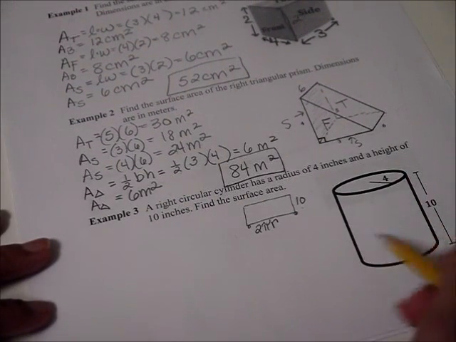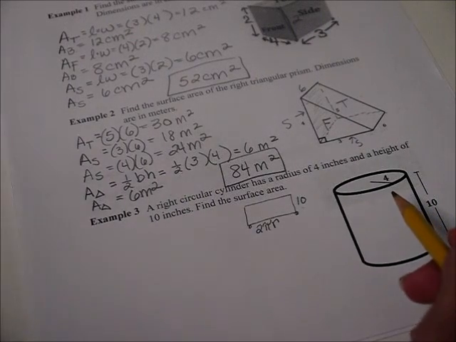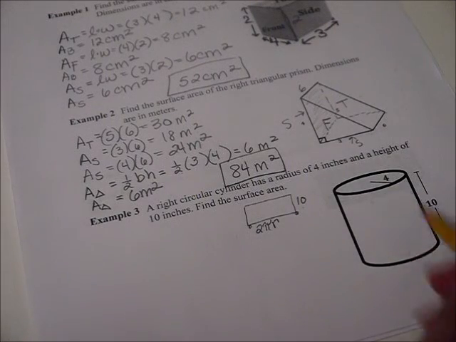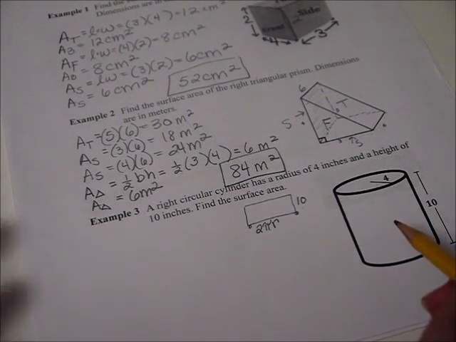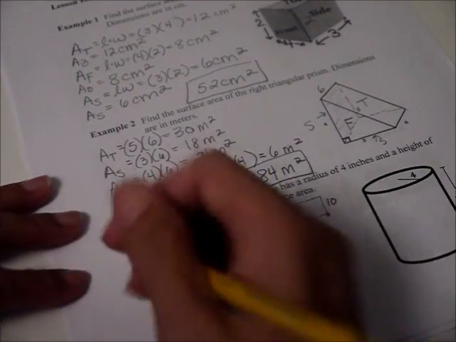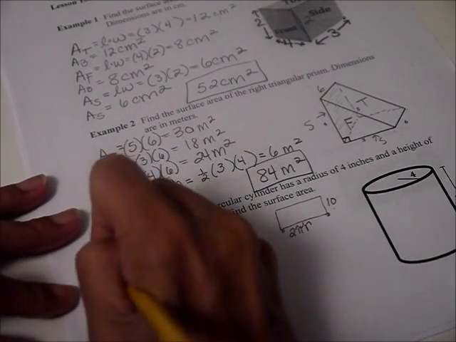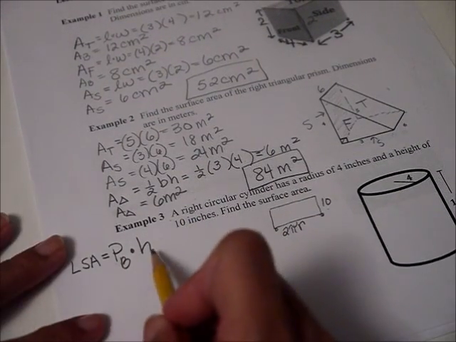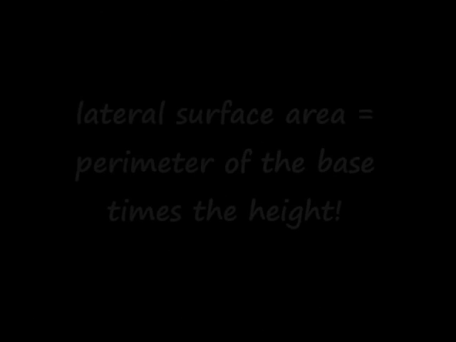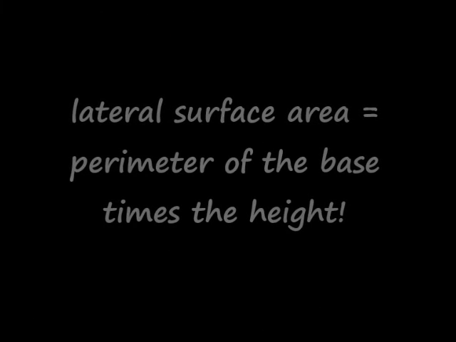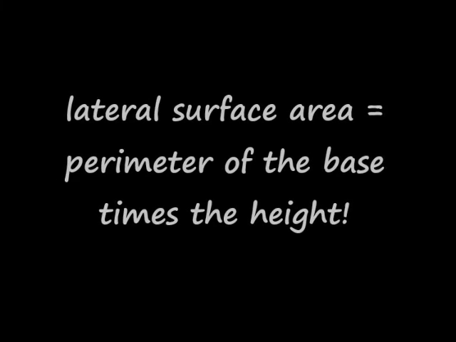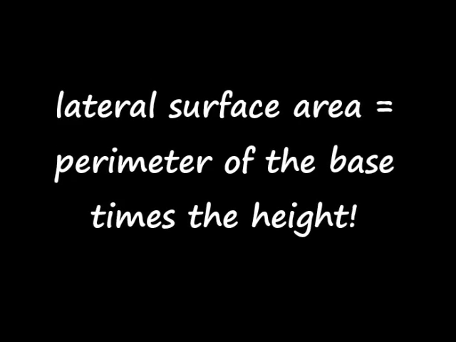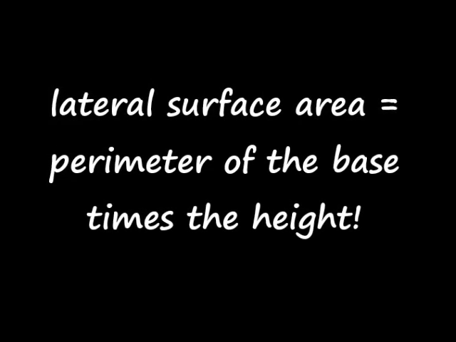This is called the lateral surface area. Lateral surface area is the area of the curved surface between the bases. Okay. So I have a formula for lateral surface area. The lateral surface area of a solid is equal to the perimeter of the base times the height.